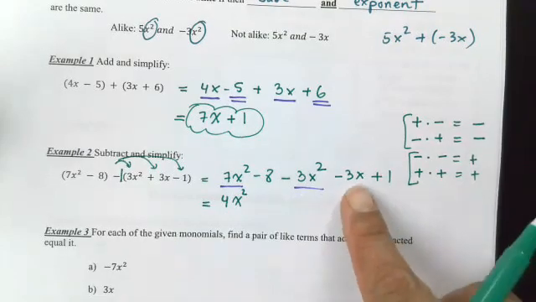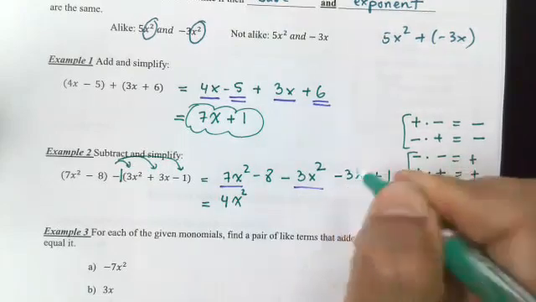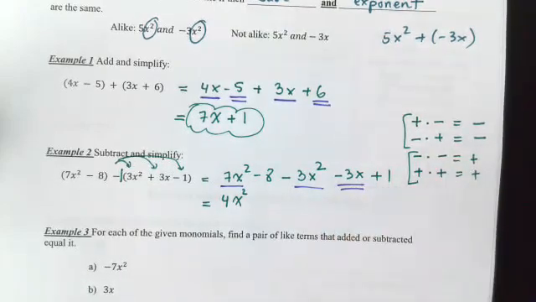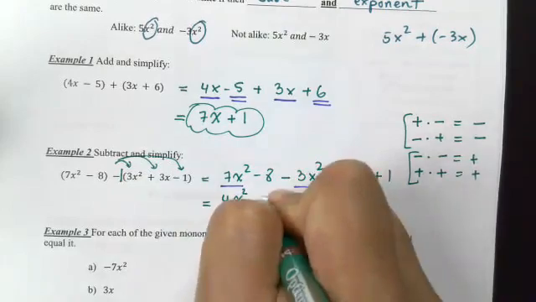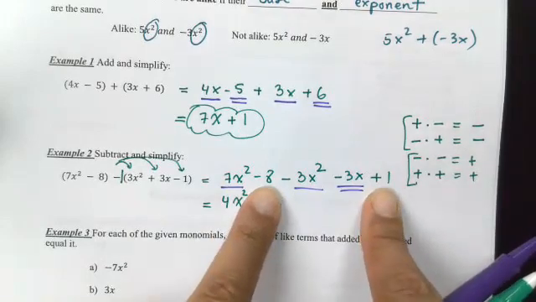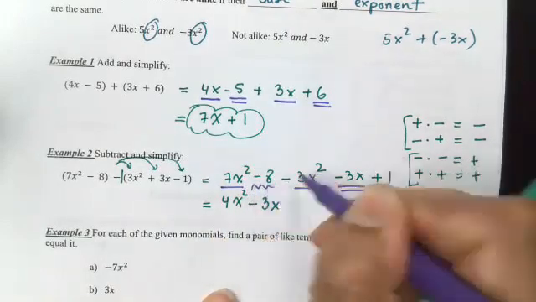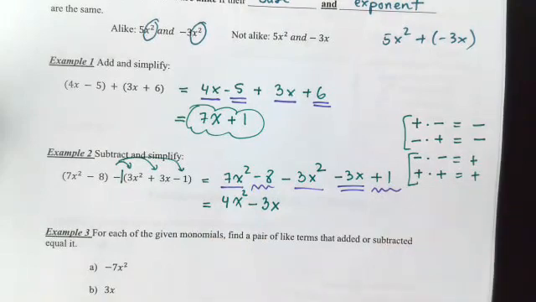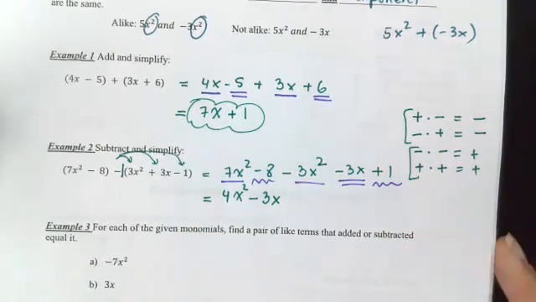And then for the x terms, we don't have any, right? We only have the negative 3x. So we're just going to copy it, negative 3x. Three terms or numbers we have, right? So we can put these together, negative 8 plus 1. What do you think the answer to that is?